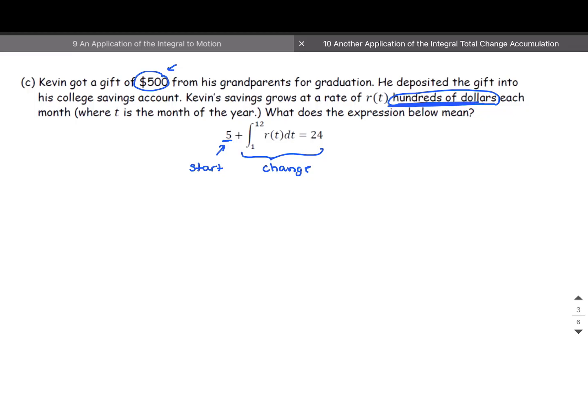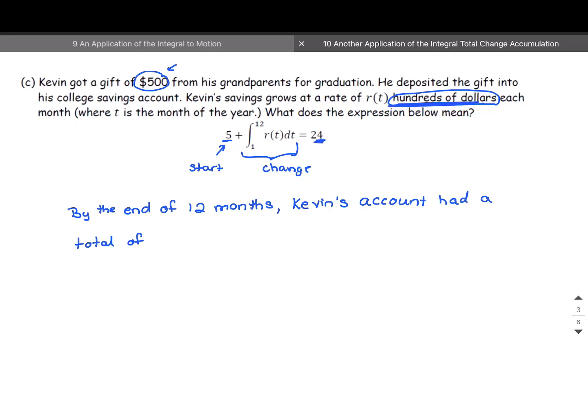Okay, so what does this mean? So time 1 is the first month and 12 is 12 months later. So by the end of 12 months, or after 12 months, whichever way you prefer, Kevin's account had a total of, now remember, this is 24, but our unit is $100.